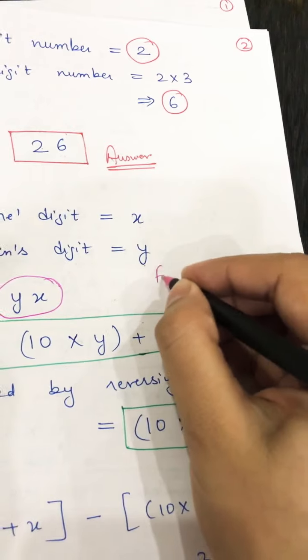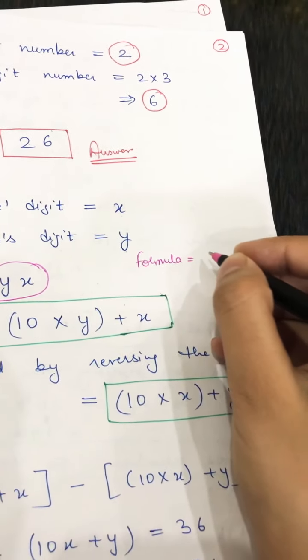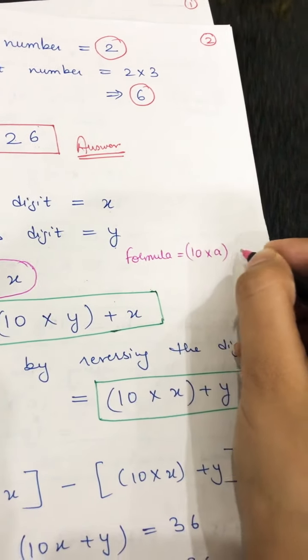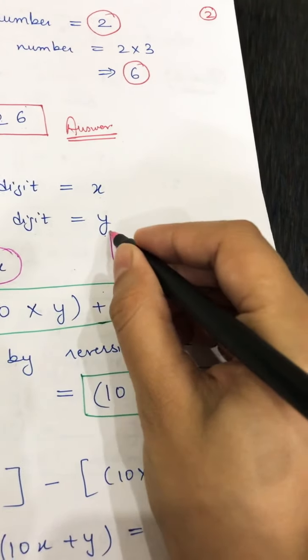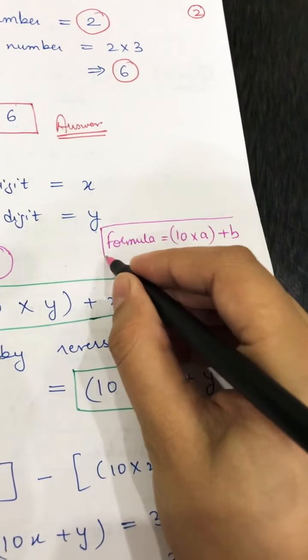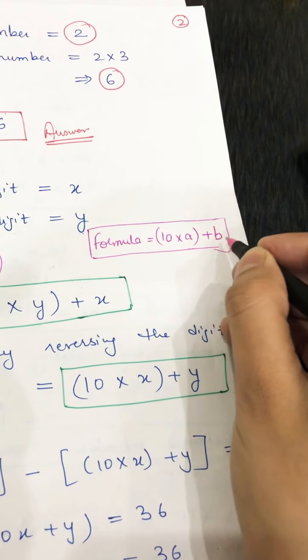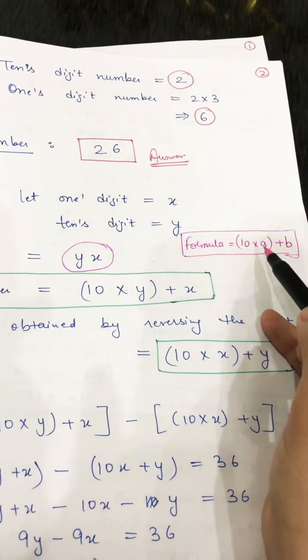I'm writing here. There is a formula of a 2-digit number: 10 multiplied by a plus b. Okay, now what is your a here?